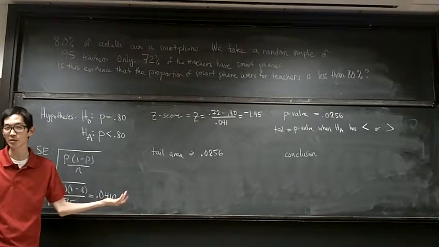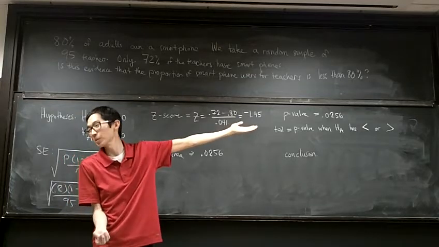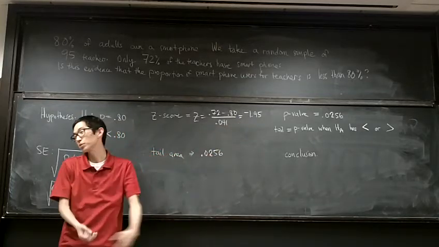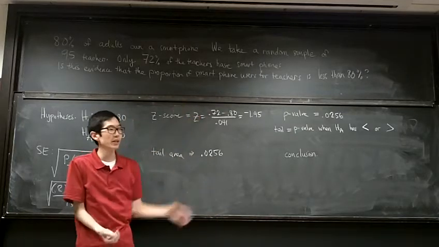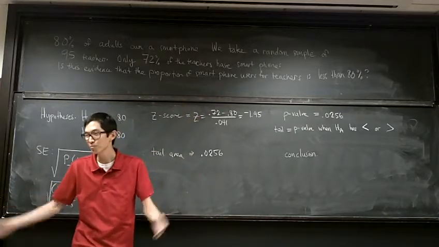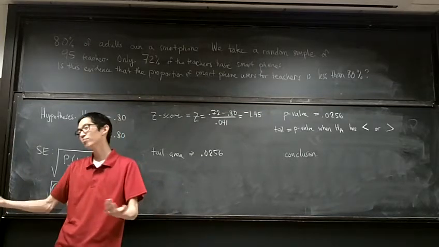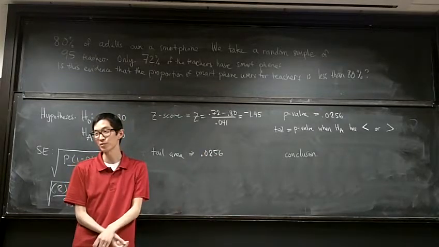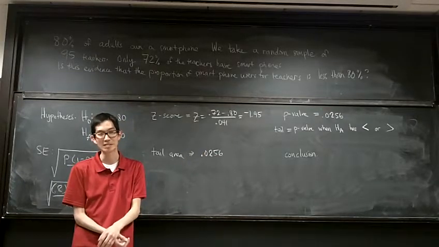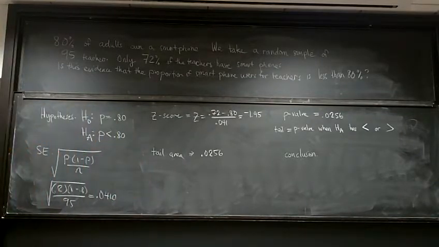How often does that happen by random chance? It happens 2.5% of the time. So the question is, do you think this sample happened because of just the random chance of 2.5%? Or do you feel like maybe teachers don't own smartphones at 80%? I know, it feels weird.